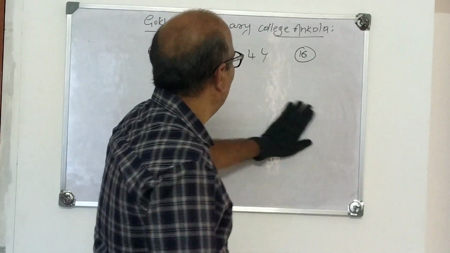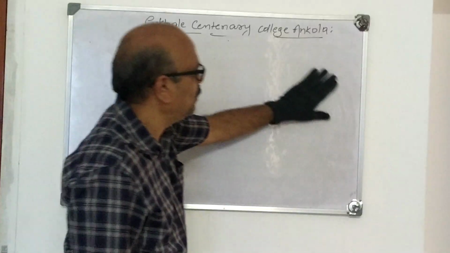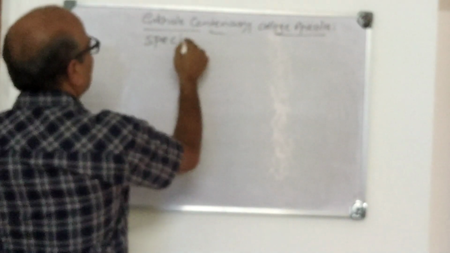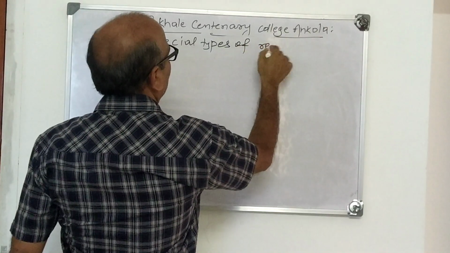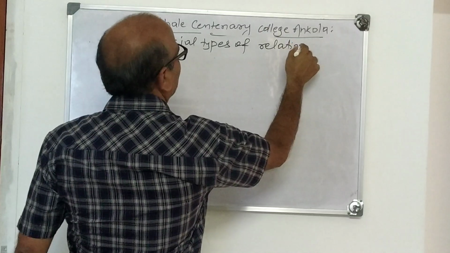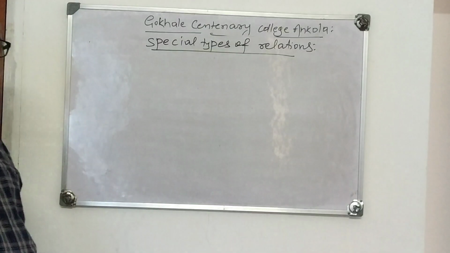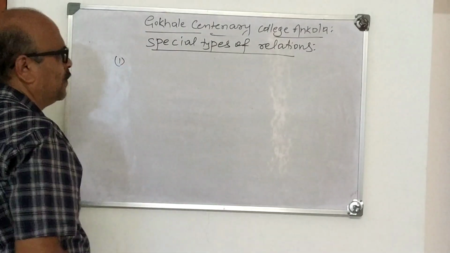Now, in relations, there are special types. We consider these as special types of relations. How to define the relation?